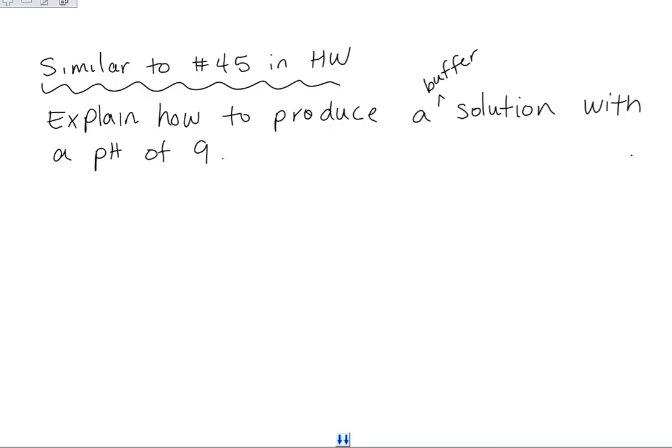We want the final pH to be 9. pH is 9, equals the opposite log of the Ka, because this is pH, and I think they gave me the Ka for that ammonium ion: 5.6 times 10 to the negative 10th.